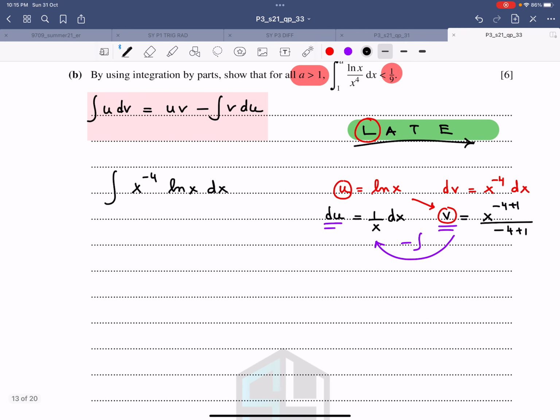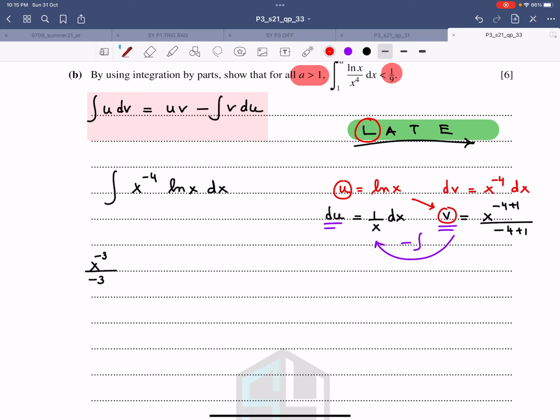So the very first step, that is x raised to power of minus 3 divided by minus 3. It's your choice to leave it as a negative index, negative power, or you can write this as 1 over x cubed. That's entirely your choice.